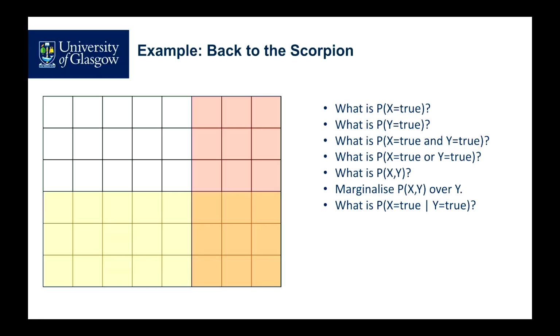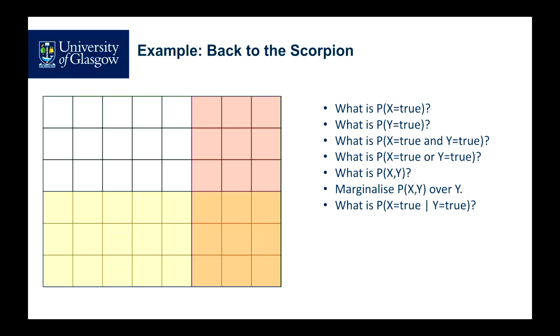So the probability that y equals true, on the other hand, is going to be 3 divided by 8 in this case, because there are 3 columns for which it's true out of all possible 8 columns. Okay. What is the probability that both x is true and y is true? So again, you have a 3 by 3 region where both of those events are true. So that's 9 outcomes out of the total 48 outcomes.